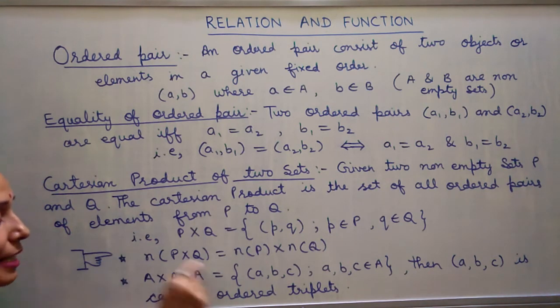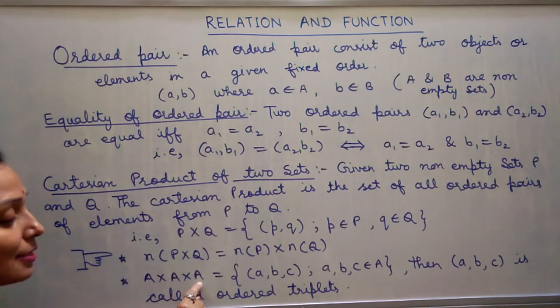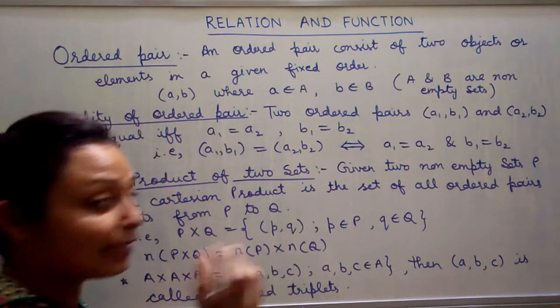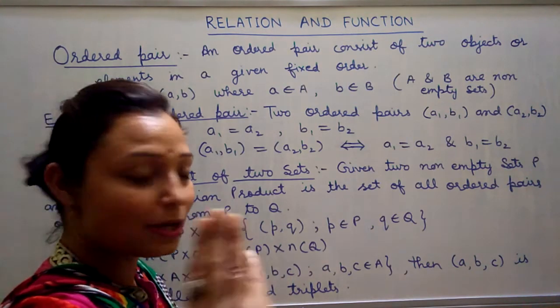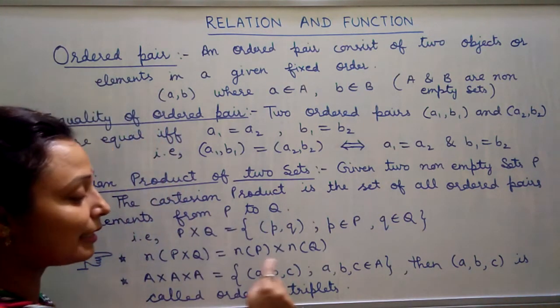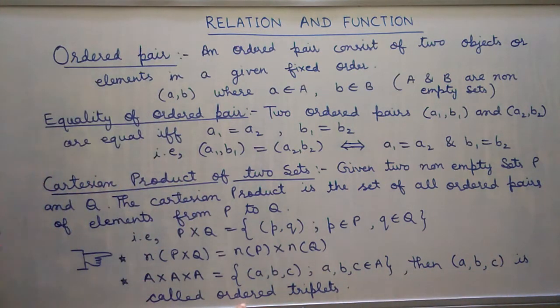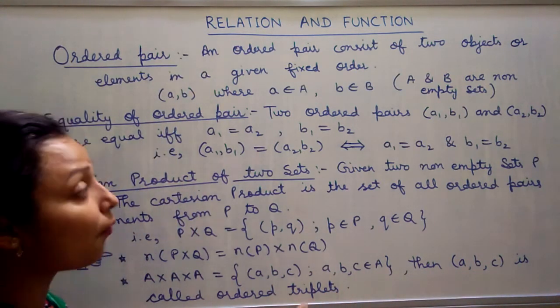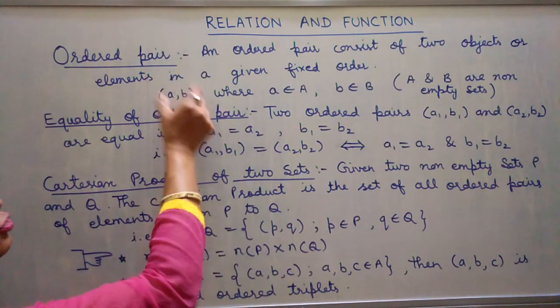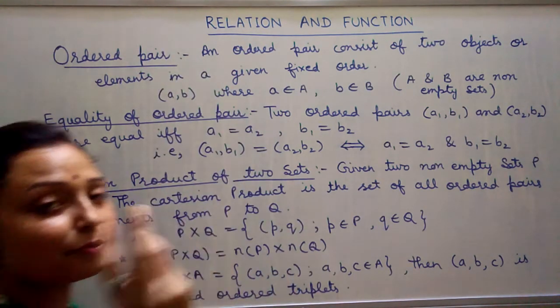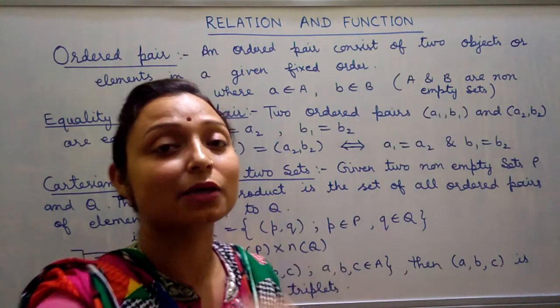Now come to the last point, that is A cross A cross A. This means it contains three elements, triplets. Okay, a, b, c, these three elements belong to A, then (a, b, c) is called an ordered triplet. This is called an ordered triplet. A pair has two elements, a triplet has three elements. So this is the basic concept.